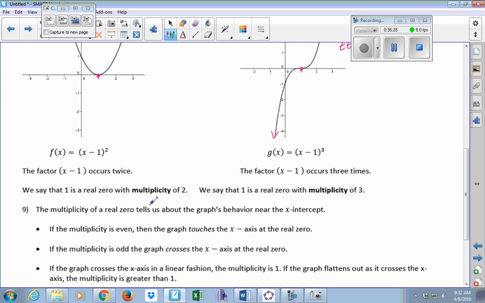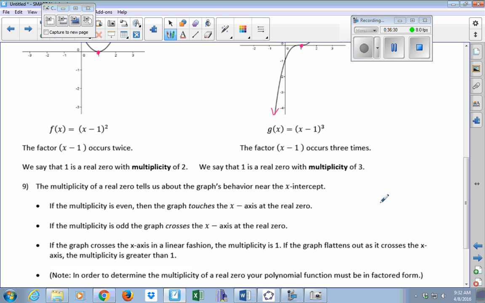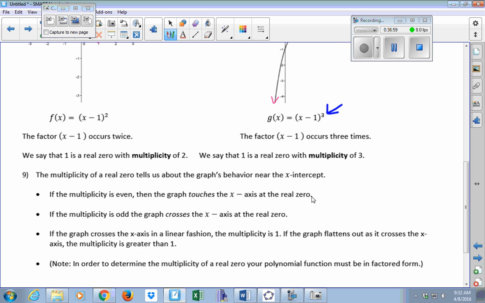So the multiplicity of a real zero tells us about the graph's behavior near the x-intercept, or the zero of the function. If the multiplicity is even, like right here, then the graph touches the x-axis at that zero. Doesn't change sign. If the multiplicity is odd, like right here, we cross over the x-axis at the zero.